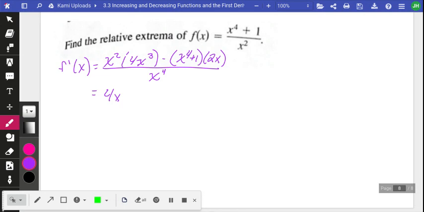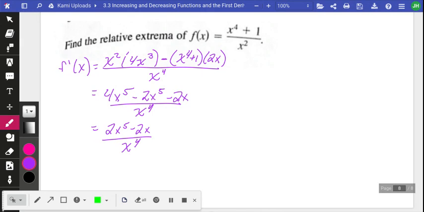I'll have 4x to the fifth minus 2x to the fifth minus 2x. Make sure this negative here in the middle goes through that. Okay, we can simplify a little bit, all over x to the fourth, of course. And that will leave us with 2x to the fifth combined like terms minus 2x all over x to the fourth. Okay. All right, we can simplify it a little bit more.